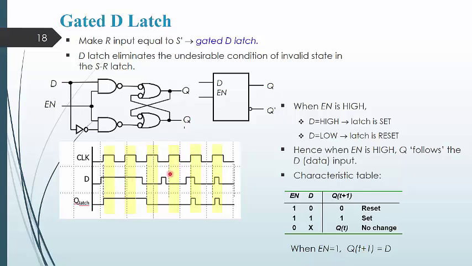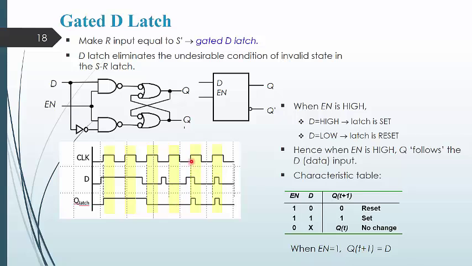In this duration, when the clock level is high, the D input value is low, and because of that the Q output has changed to low. In the next case, in this yellow marked portion for the high level, the D input is still 0, and because of that the Q output will be 0.